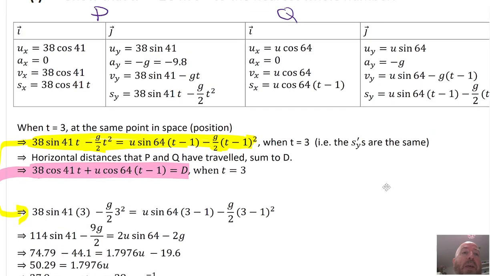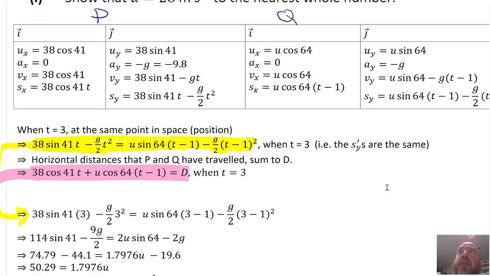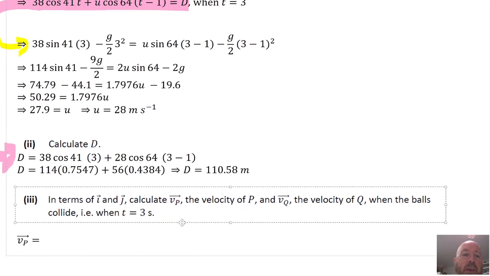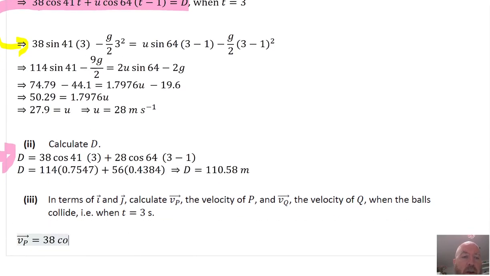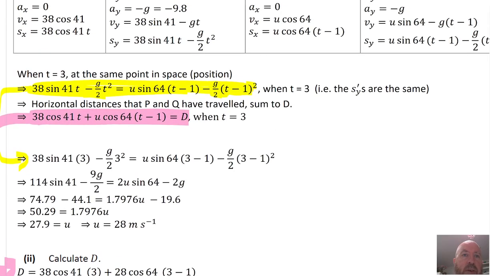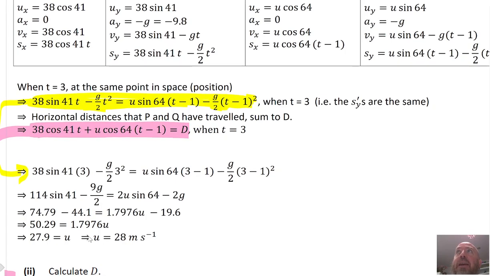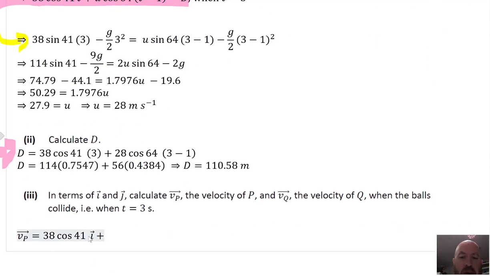So for P, it's 38 cos 41 i plus 38 sine 41 minus gt j.